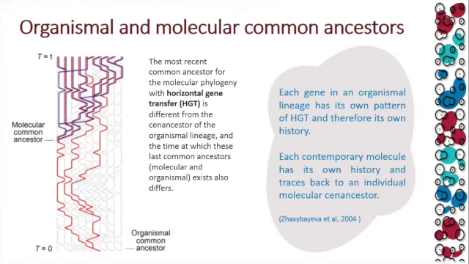The molecular phylogeny with horizontal gene transfer, in blue here, is different from the cenancestor of the organismal lineage in red. And the time at which these last common ancestors exist also differs. HGT has a key role in these differences.